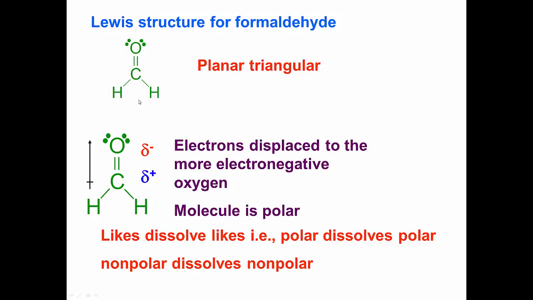We draw the Lewis structure for it, and we know it's trigonal planar. In this case, the atoms bonded to the central atom are not identical, and the electrons are displaced to the more electronegative oxygen. So this results in a polarity. This molecule is polar.